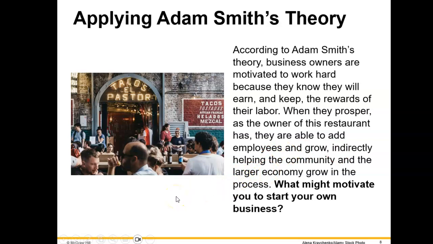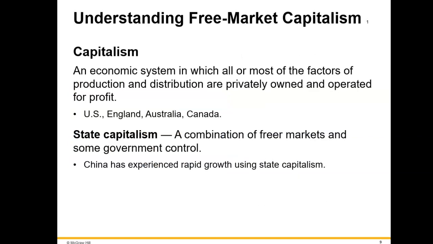I have a question for you. Think about it. What might motivate you to start your own business? Is it the ability to be successful? Is it the ability to help others and your economy? Is it the ability to be a philanthropist? So think about what factors will lead you to start your own business.